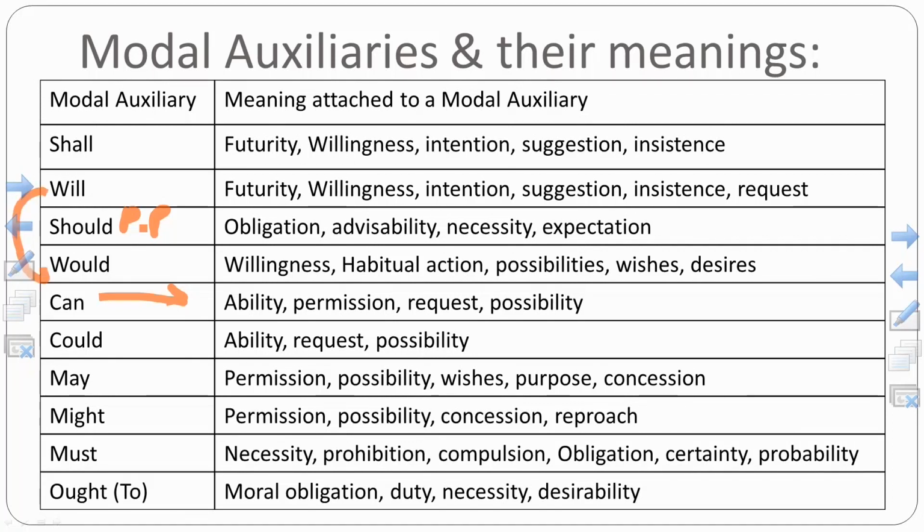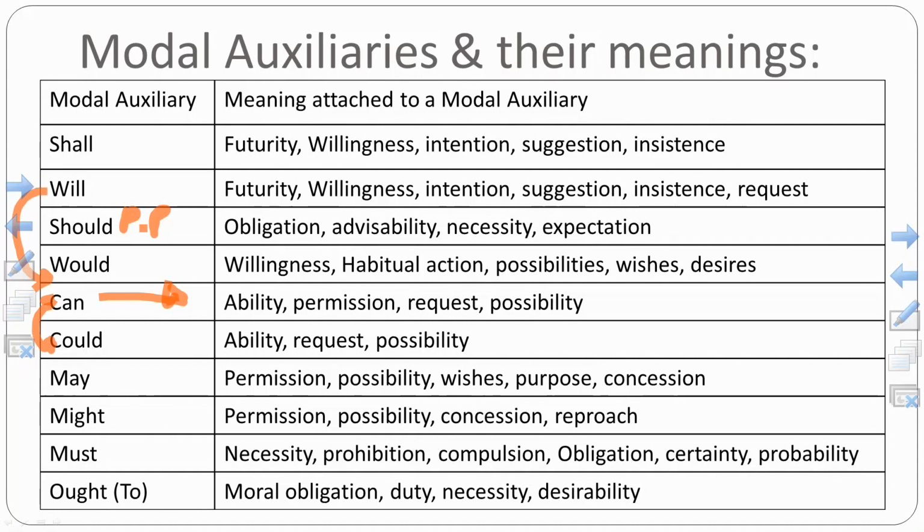Shall becomes should in the past. Will becomes would when we convert it into past tense. Would shows willingness, habitual action, possibility, wishes and desires, just like will. Can and could are related because could is the past form: ability, request and possibility.